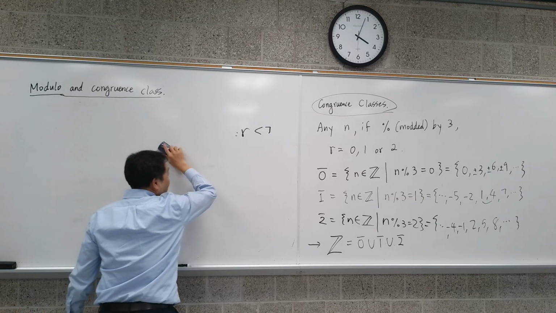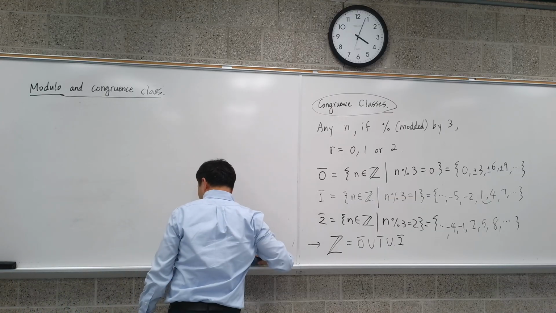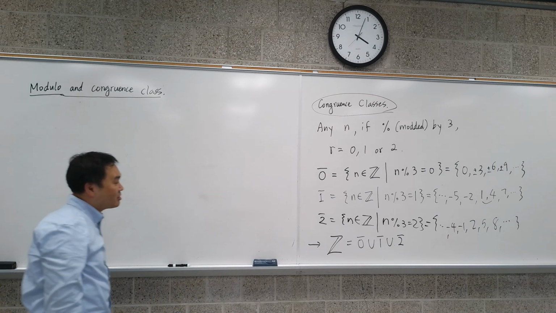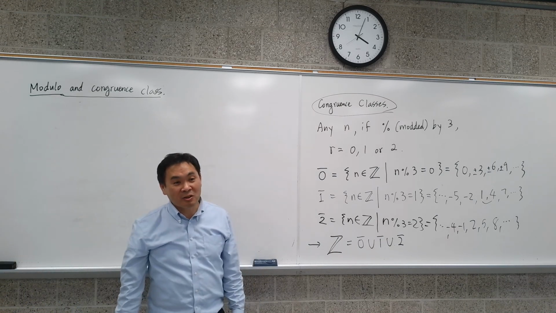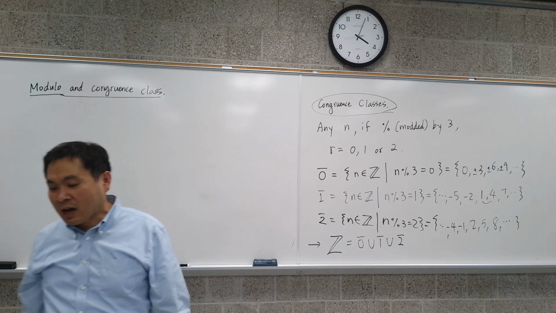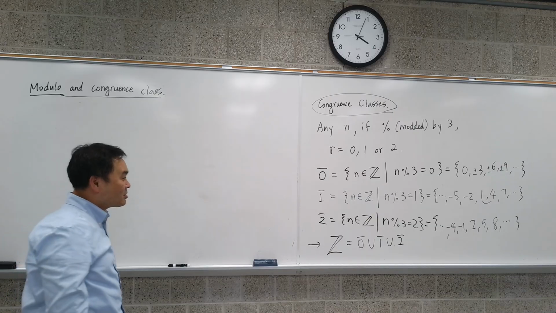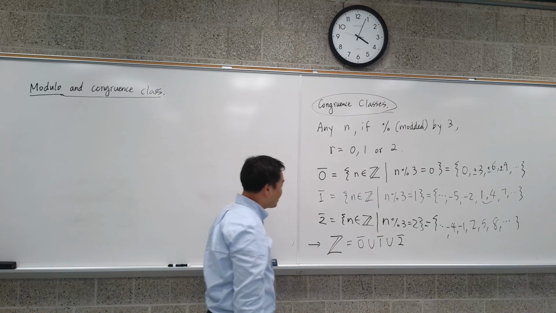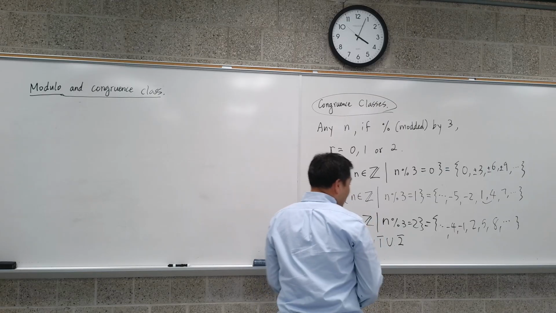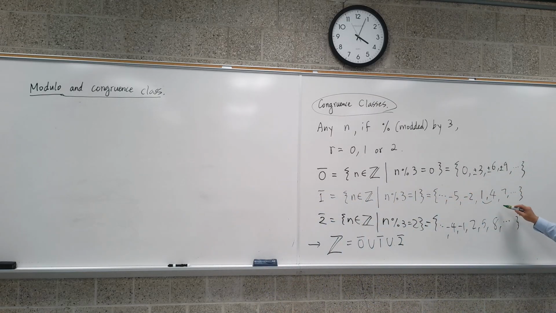Now, if these sets did not satisfy any mathematical properties, then we wouldn't be interested in talking about this. But it was Gauss who found some interesting properties here. So what he found was that suppose you pick a number from here and you pick a number from here.